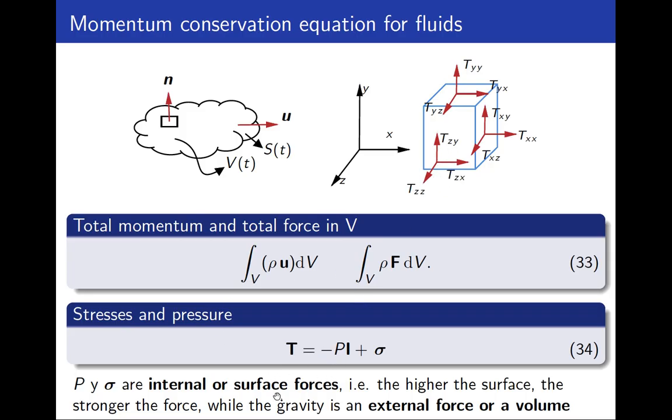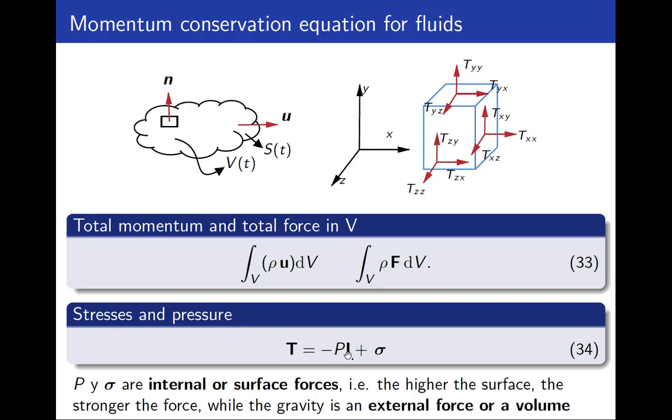The pressure and the stress tensor of the fluid are internal or surface forces. That means that the larger the surface, the stronger the force. The higher the value of this area, the higher the value of these forces.